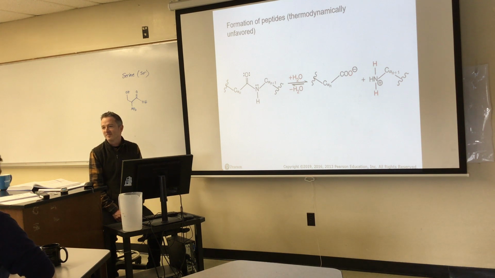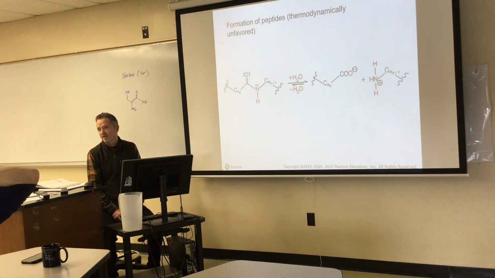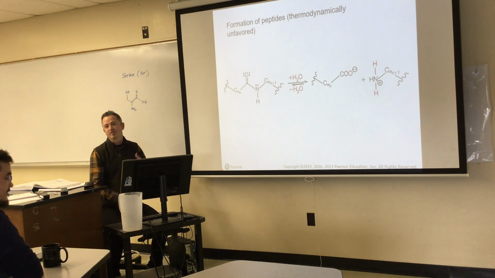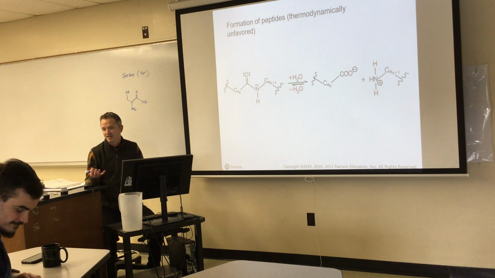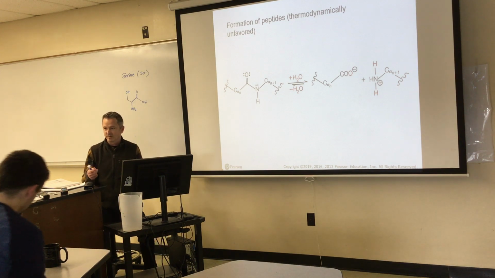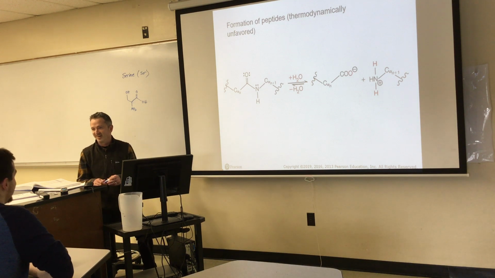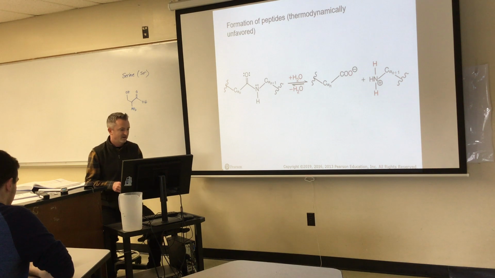Because if it's not thermodynamically favored, it has to do something to offset that. Now, here's the thing. How does it happen in our bodies? Catalyst. Yeah, enzymes. That's exactly right. So enzymes overcome this barrier. Of course, me talking about primordial soup, that's just me snickering. We've never been able to get anything to come out of that.